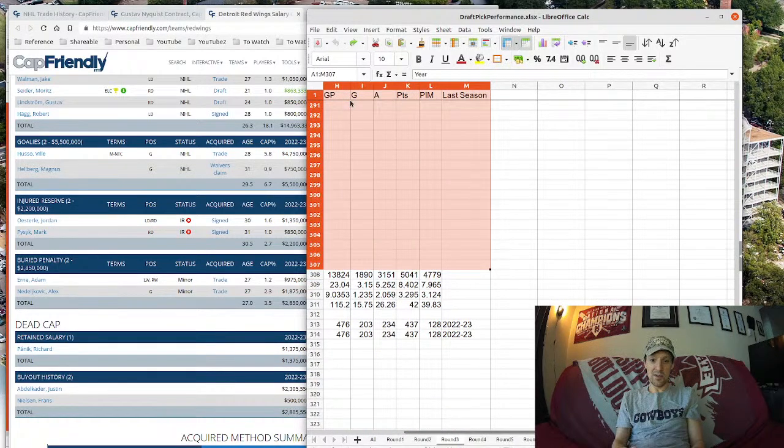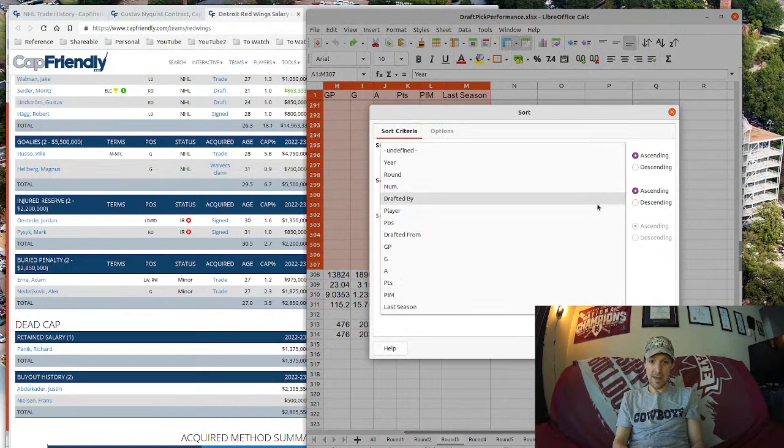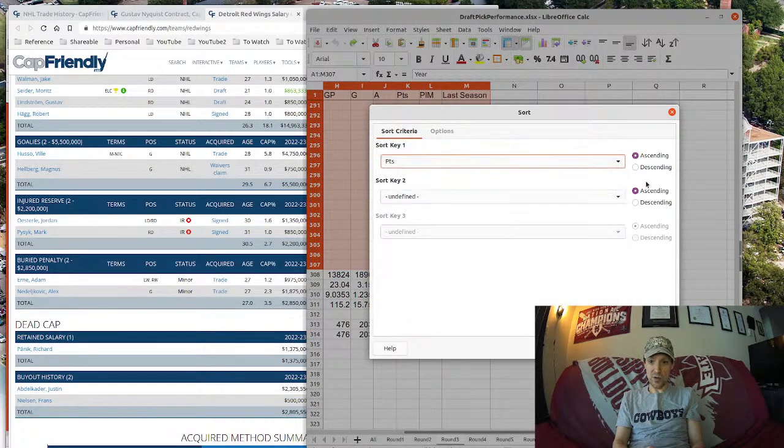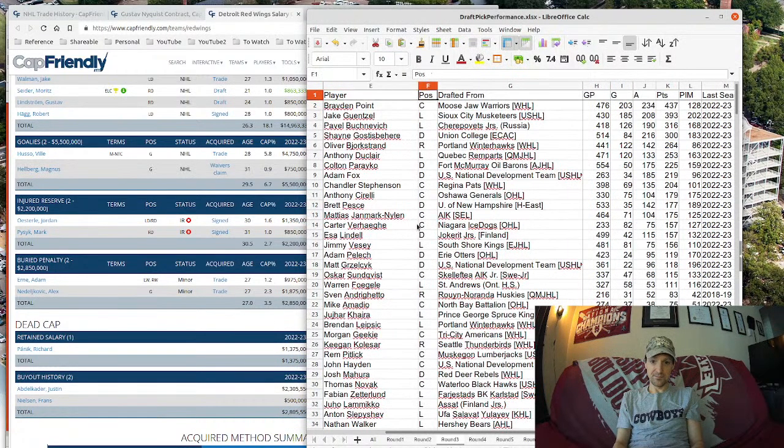Let's see here for third round picks. We want points, descending. Two point per game guys in third round picks. Almost 3, and Adam Fox is a defenseman on top of it.